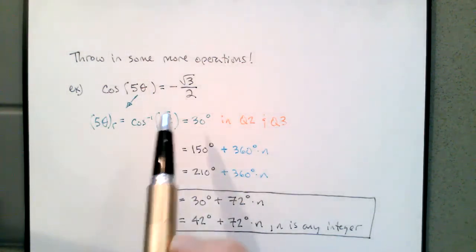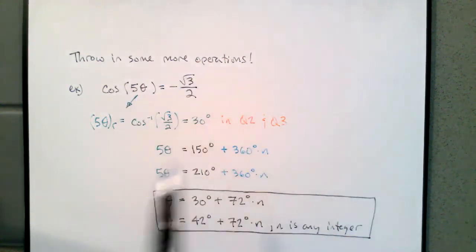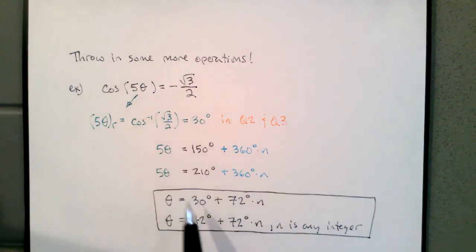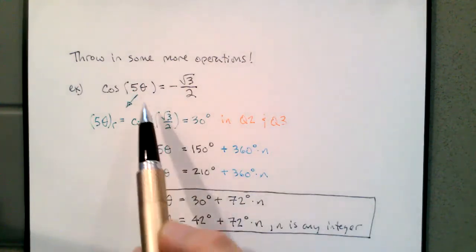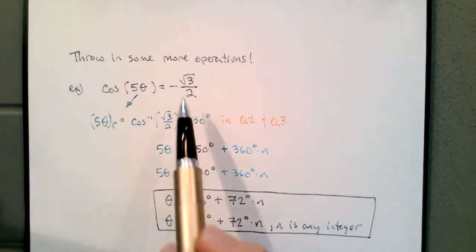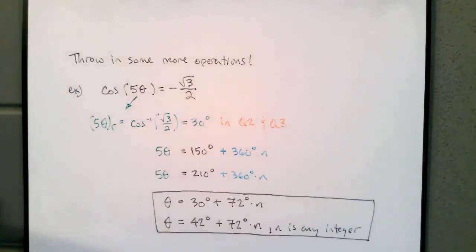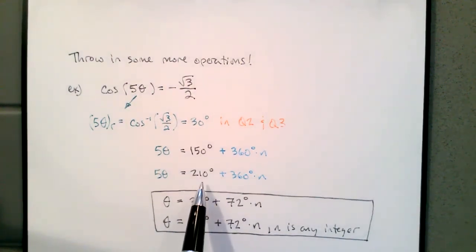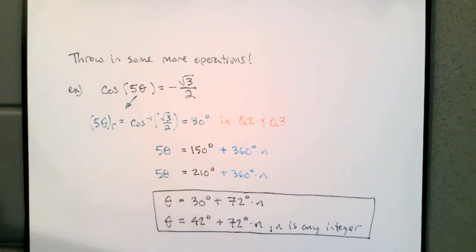I'll forget. I'm going to use 5 again because it's all prime numbers and that'll make me happy. So the first thing that happens to this 30-degree angle for theta is it gets multiplied by 5, becomes 150, and the cosine of 150 is negative root 3 over 2. The first thing that happens to this 42-degree angle is we multiply by 5, get 210, and the cosine of 210 is also negative root 3 over 2.